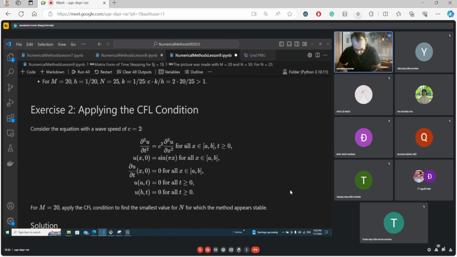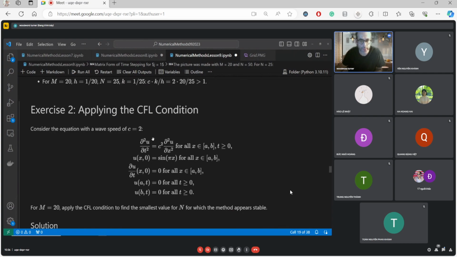The quantity c times k over h is called the CFL number, named after Courant, Friedrichs, and Lewy. So the CFL number, c times k over h, is how we can tell if this finite difference method is stable.